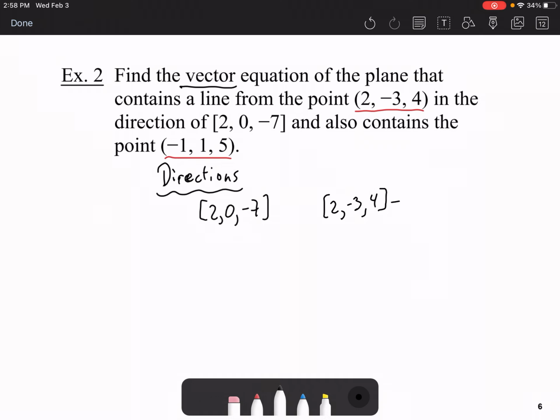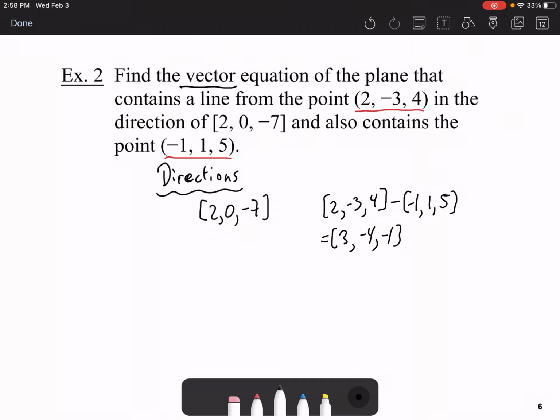So to figure out your other one, just take one point as a vector and subtract it from the other point, again listed as a vector. So 2 minus negative 1 is 3, negative 3 minus 1 is negative 4, and 4 minus 5 is negative 1.